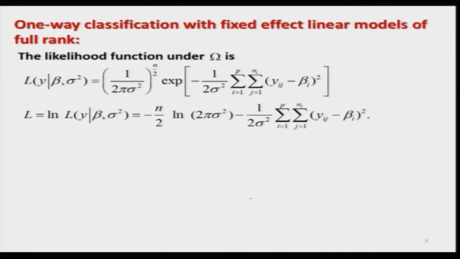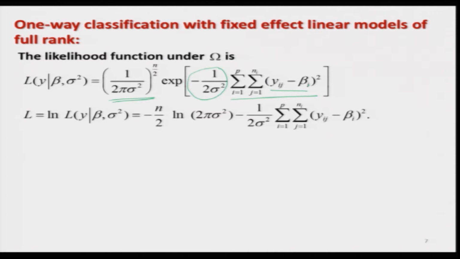So, the likelihood function under capital omega can be written here as 1 upon 2 pi sigma square raised to the power of n by 2, exponential of minus 1 upon 2 sigma square into double summation i goes from 1 to p, j goes from 1 to n i, y i j minus beta i whole square.